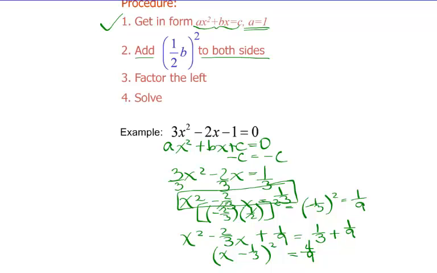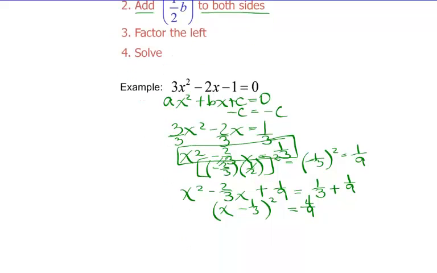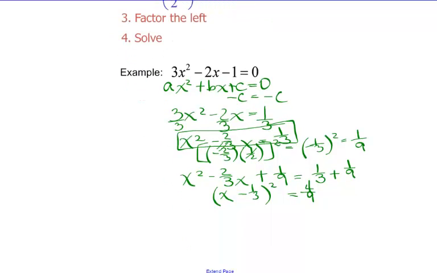And now I'm just going to use good algebra to solve, step number 4. I want to undo all the operations that are showing up here. So I undo squaring something by taking the square root of it. And if I have the square root of something squared, that result could give me the positive or the negative value that started out in here.